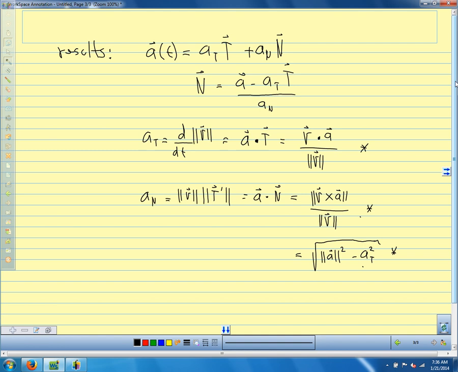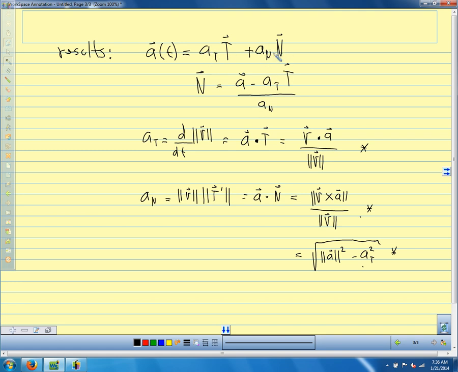All right, so just to recap what we've just talked about. We've looked at a vector valued function as describing the position of some object. We wanted to break down the acceleration into a component of acceleration tangential to the curve and a component of acceleration normal to the curve.